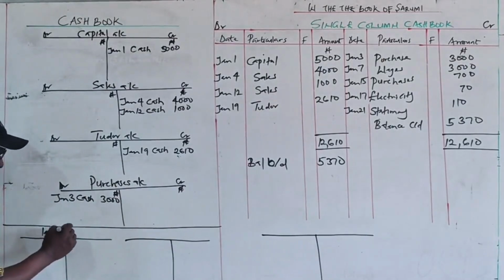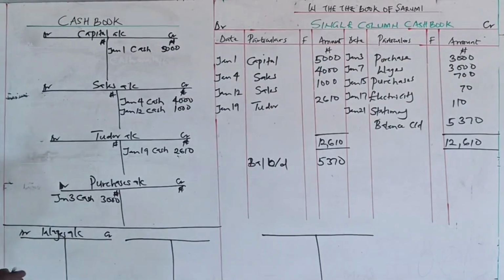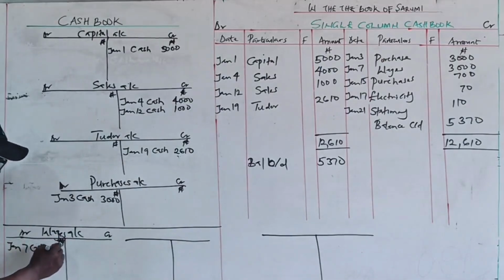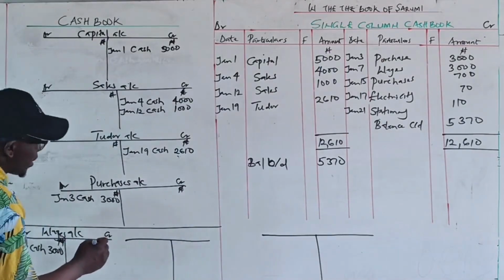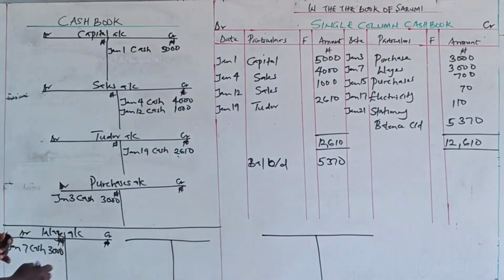And I have wages account. I have January 7, cash, 3,000 naira. And the next one is purchases again.